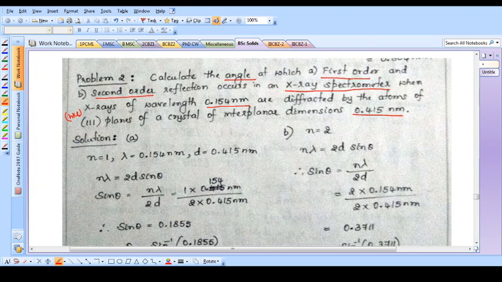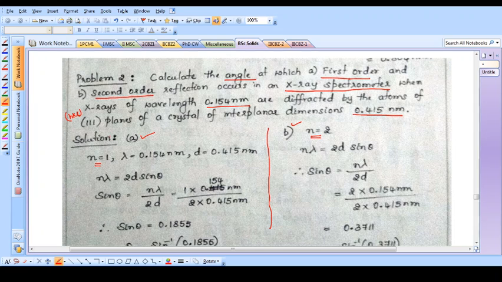You have to find out the Bragg's angle theta at which first order reflection takes place and second order reflection takes place. So I have listed down the given values. I have divided this into two parts: this is question A, and this is question B. For question A, it is a first order reflection, therefore n is equal to 1, and for the second part, second order reflection, n is equal to 2.